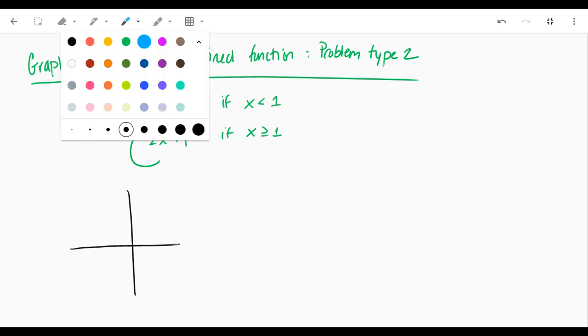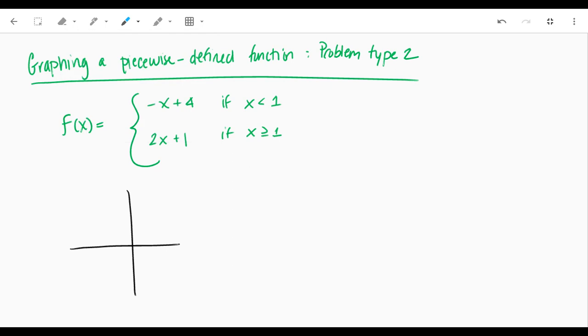The first line that I'm going to graph is y equals -x plus 4. So we're going to have a y-intercept of 4 and a slope of -1. I tried to do my best to get it on there.